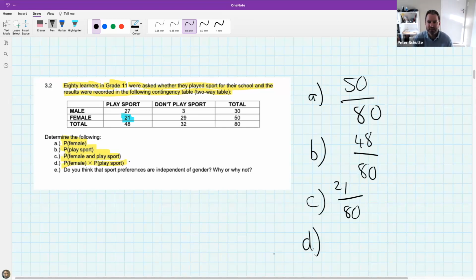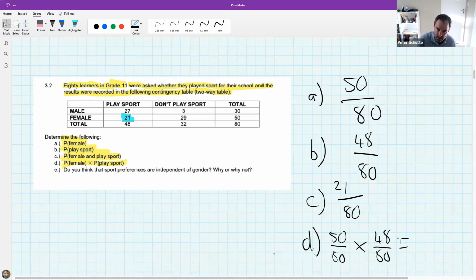Now, what about D? So female times play sport. Well, I worked out at the top that I had 50 over 80 for the probability of being female. Playing sports was 48 over 80, and now I'm going to have to get my calculator out, and it might be easier to go into decimals here.